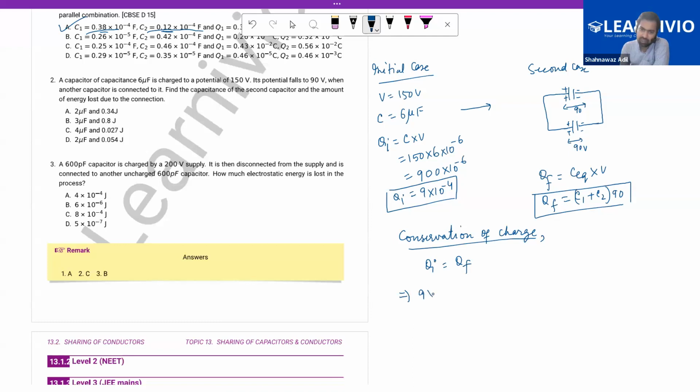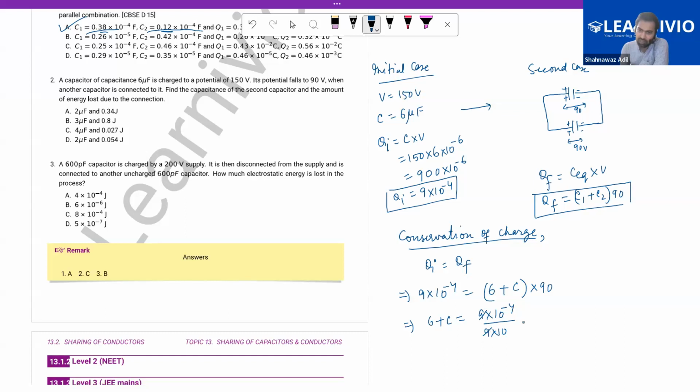So this is 9 into 10 to the power minus 4 equals C1 plus C2, where C1 is given as 6, plus C, into 90. So 6 plus C is 9 into 10 to the power minus 4 divided by 9 into 10.